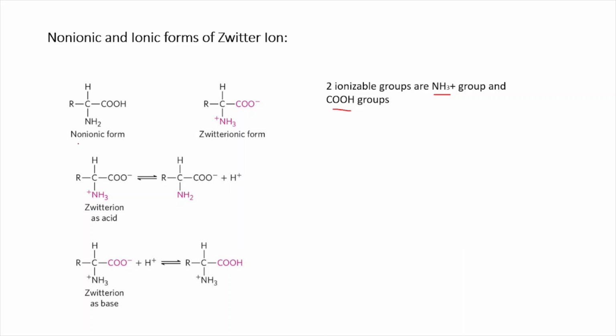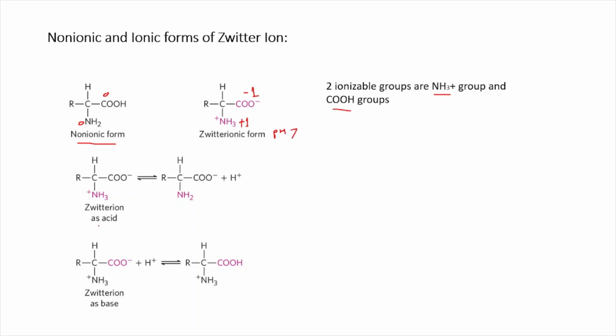Now this is the non-ionic form. Here the NH2 group has a charge of 0, and the COOH group has a charge of 0, so the overall charge is 0. But here we have the zwitterionic form where we have equal charge: this has a charge of +1, this has a charge of -1, so the overall charge is 0, and this exists at a pH value of 7.